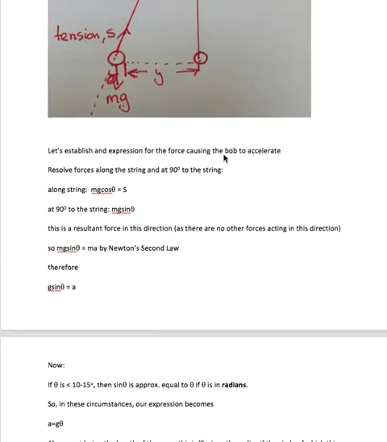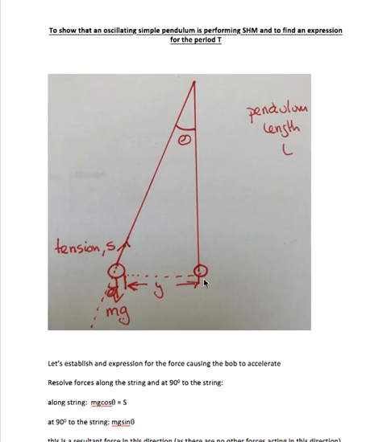And of course, if we go back to our diagram, when y is to the left, the acceleration is this way, because that's the direction of the force, the resultant force that we calculated. And when y is to the right, a is, again, towards the center, because the resultant force is towards the center.